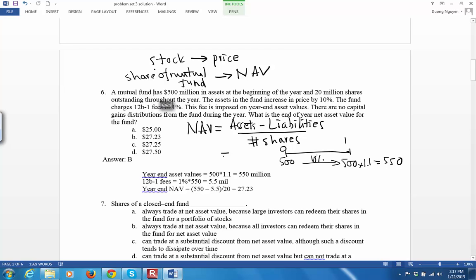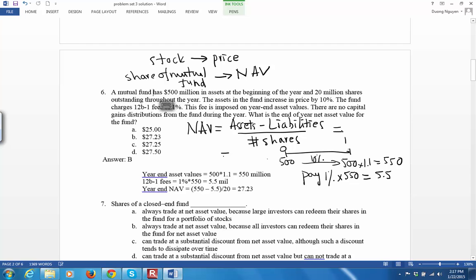But you have to pay the fees, 12b1 fees. What are 12b1 fees? They are the marketing fees of the mutual fund, which is 1% times 550, equal to $5.5 million.